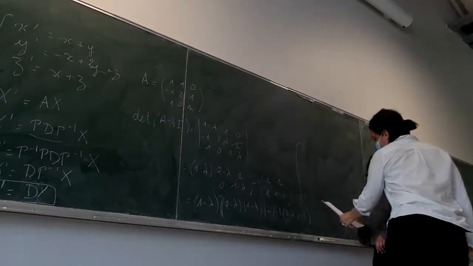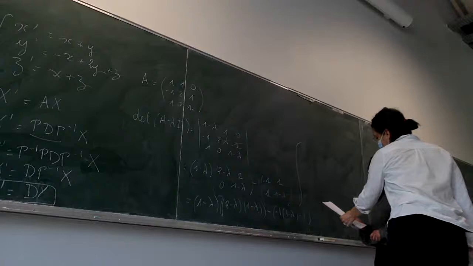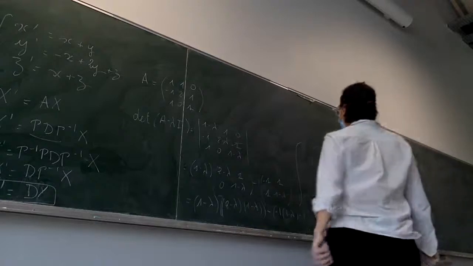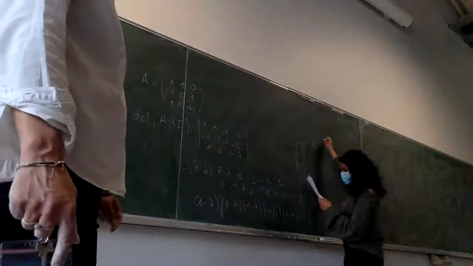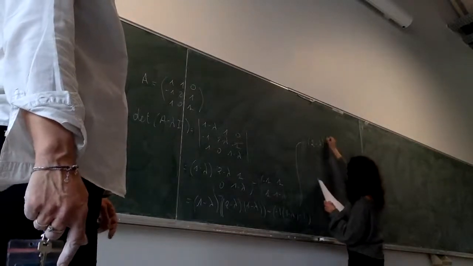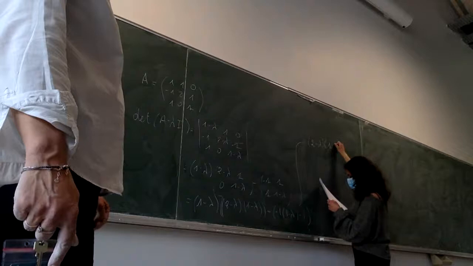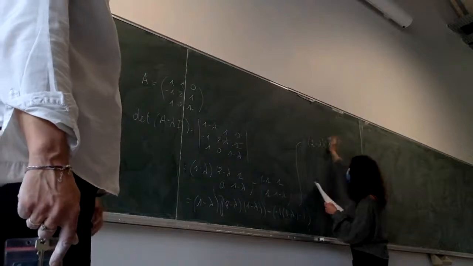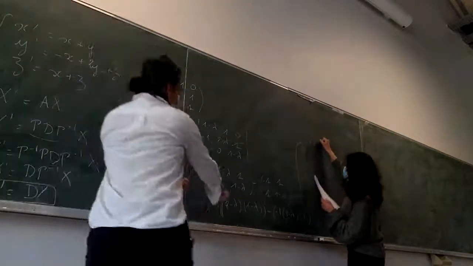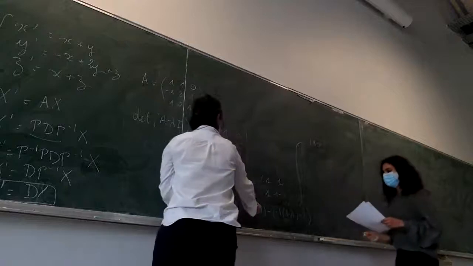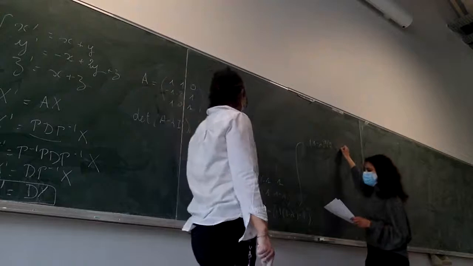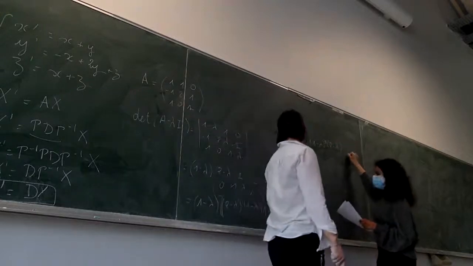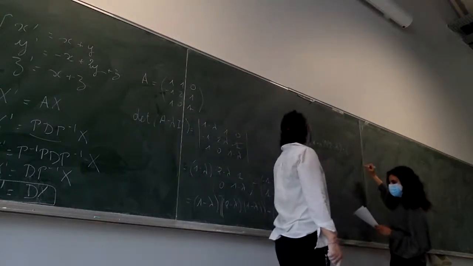So let's do 2 minus lambda times 1 minus lambda squared. And here we've got lambda minus 1.